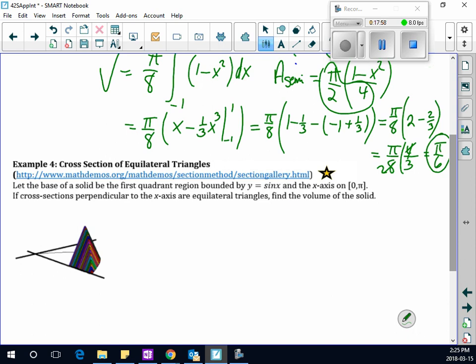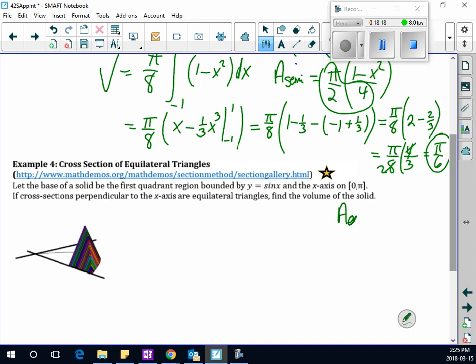It's something kind of weird. It has to do with 60s, right? If you think about all your trig, to get the height of it, there's no sine in there at all. So it's something you have to memorize.